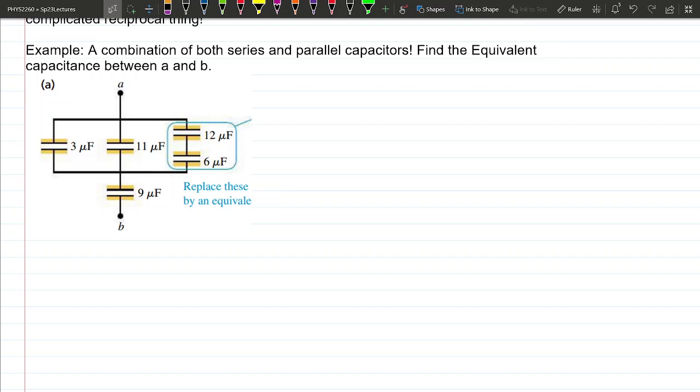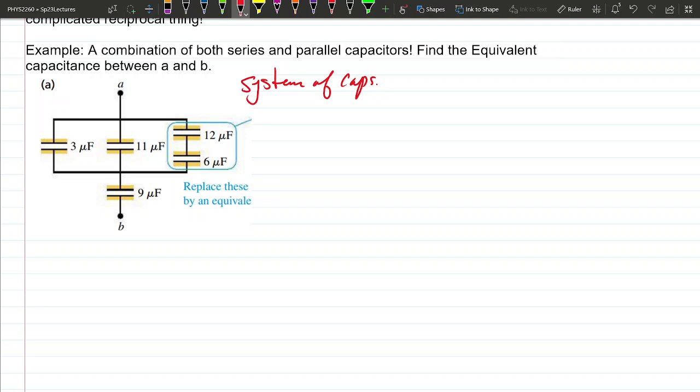This is called a system of capacitors. The way you diagnose this is by staring at it for maybe a minute, and then you try to figure out if there is any point where I can simplify this circuit right away.